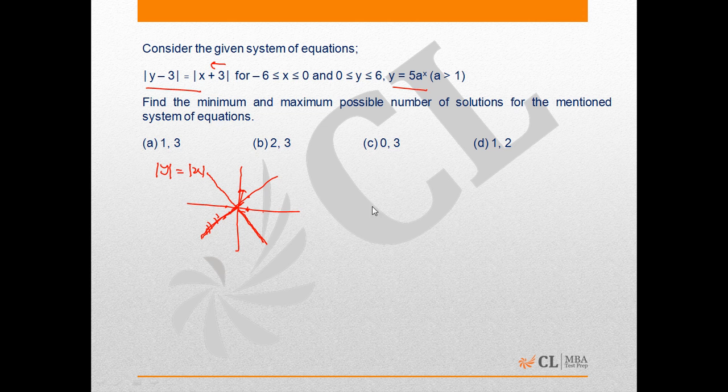Okay, that means the graph will be shifted 3 units up and 3 units to the left. So this point or region will become like this. So at minus 3 comma 3 will be your intersection point now.